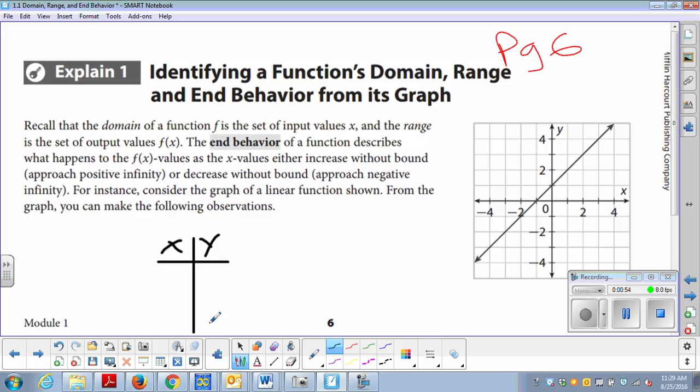So to clear it up, the domain of a function f is the set of input values for X, and the range is the set of f of x values for the output.